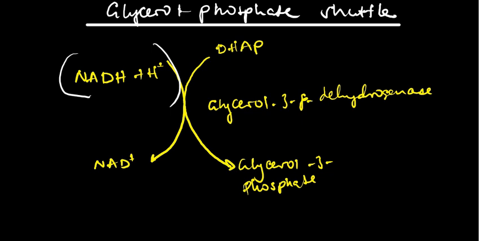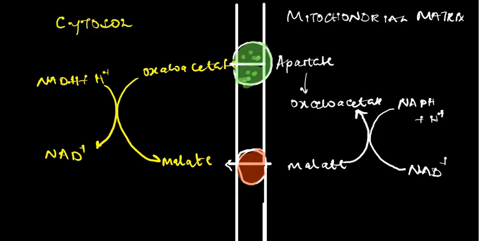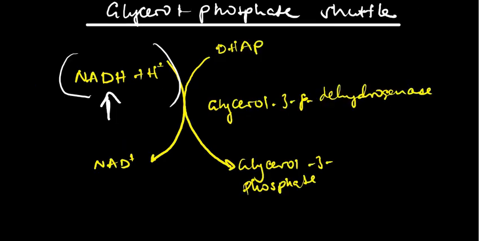There are two types of transport shuttles that are employed in transporting these reducing agents, or rather electrons or protons. The one we're about to talk about is the glycerophosphate shuttle. The other one is called the malate aspartate shuttle, which we are going to talk about immediately we're done talking about the glycerophosphate shuttle.